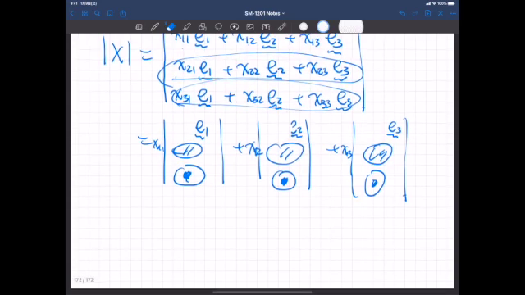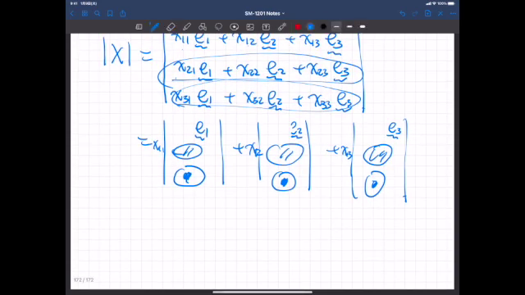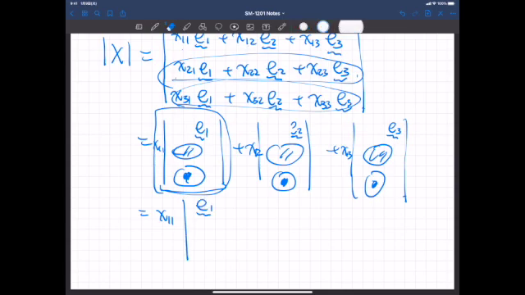Okay. Next, we apply the same procedure to the second row. Then this determinant becomes like the first row is e1, the second row is x21 e1, and the third row remains the same.